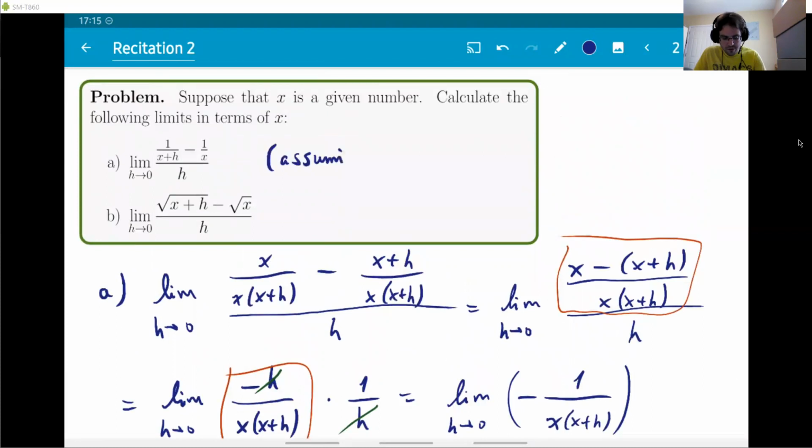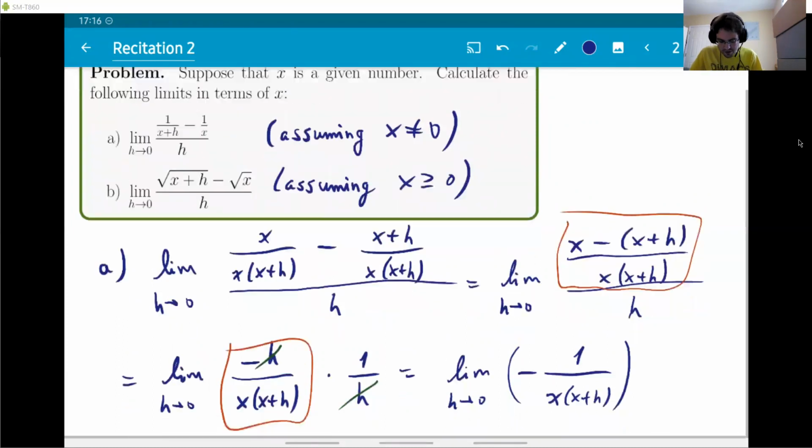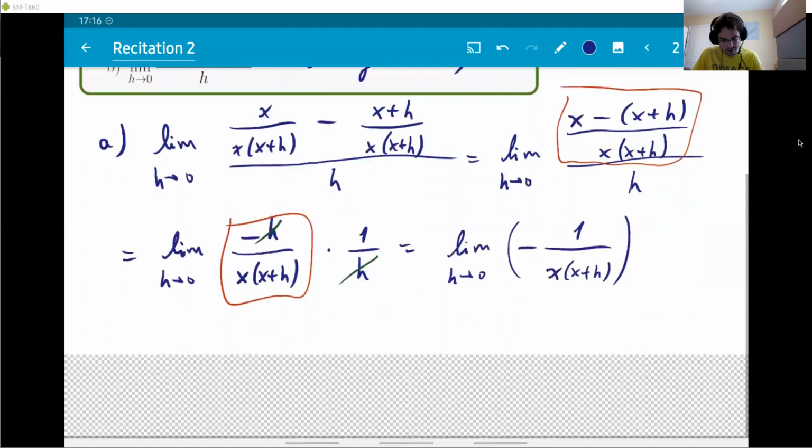For the first one, we're going to assume x is not 0. And for the second one, we're going to assume x is larger than or equal to 0 because of the square root. That's important. That should be in there. And now you can see, okay, it is actually possible to plug in h equals 0 in here. It will not give you a 0 denominator because x is not 0. So we can do that.